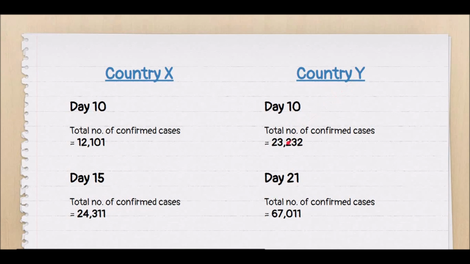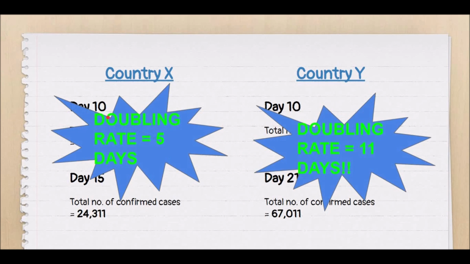And for country Y, the number of cases doubles after 11 days, which is at the 21st day, when the number of cases becomes 67,011 from 23,232. So the doubling rate for country X is 5 days because it takes 5 days for the number of cases to double, and for country Y it's 11 days.